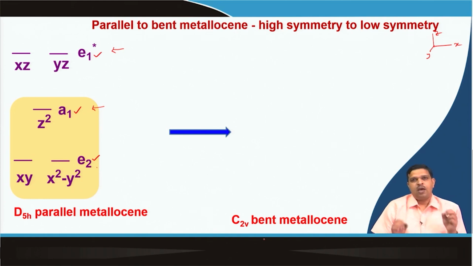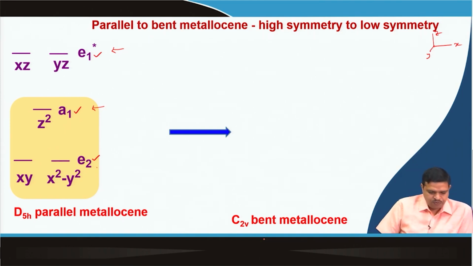However, as I told many times, although we are calling it antibonding E1, the antibonding nature is comparatively less for E1 star for the metallocene, and similarly for A1 and E2 the bonding character is relatively less, and we discussed that one.